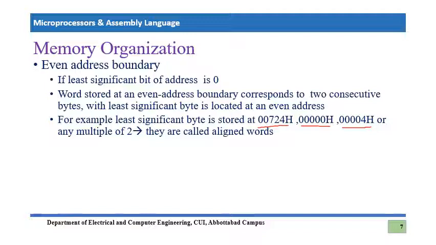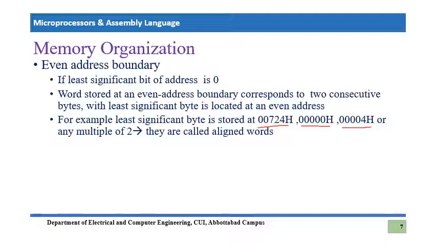When we talk about boundaries, we are referring towards addresses, while when we talk about the information which is stored on those particular locations, we refer to them as aligned or misaligned word. Misaligned words we are going to see in the next slide, but in this slide we are just explaining aligned words.